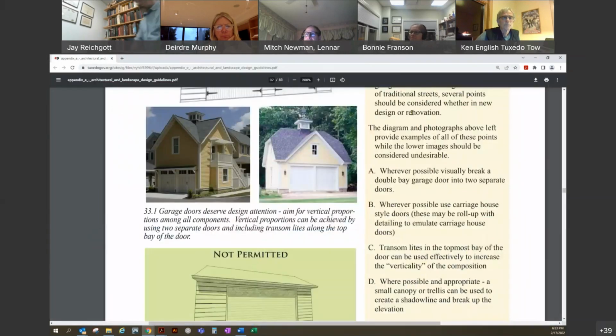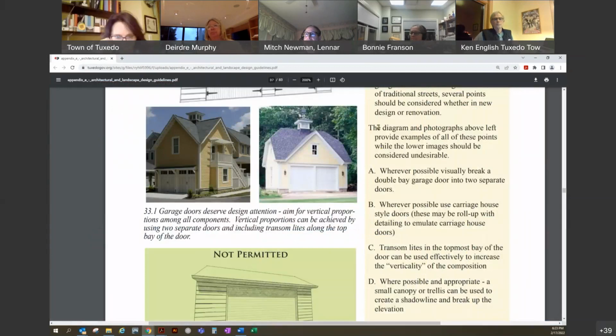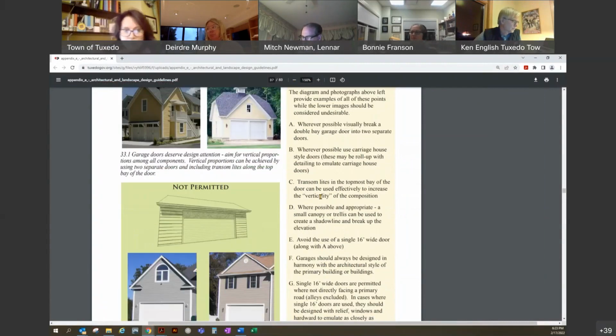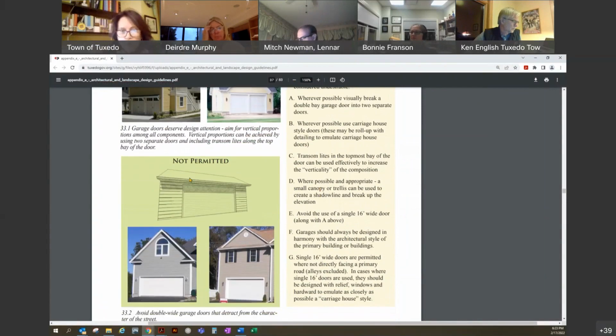Bonnie, also in those pictures, I'm glad you brought that up. When the change is to allow a 16-foot wide door, isn't that what's not permitted? The 16 foot, I don't know. Right, those doors, but it needs to have framing, I guess, if that's the right word.